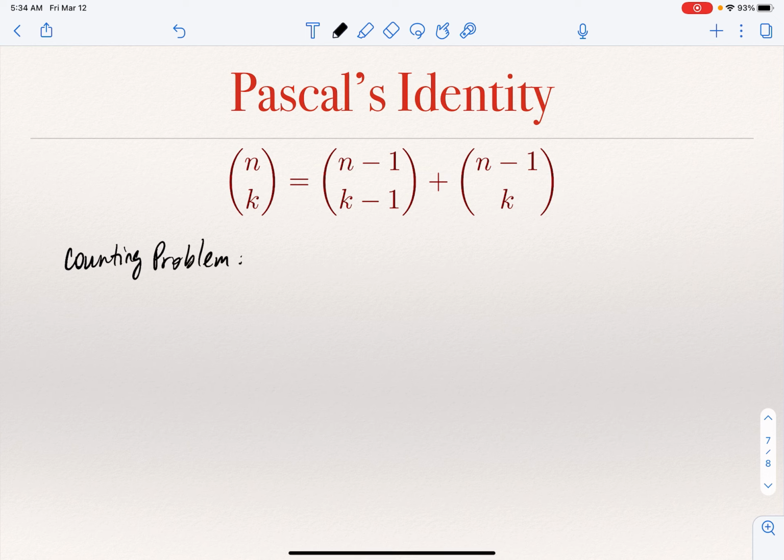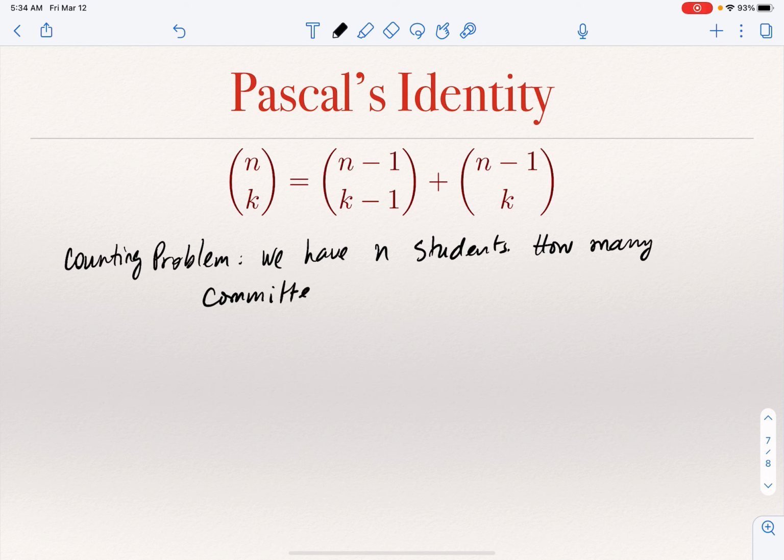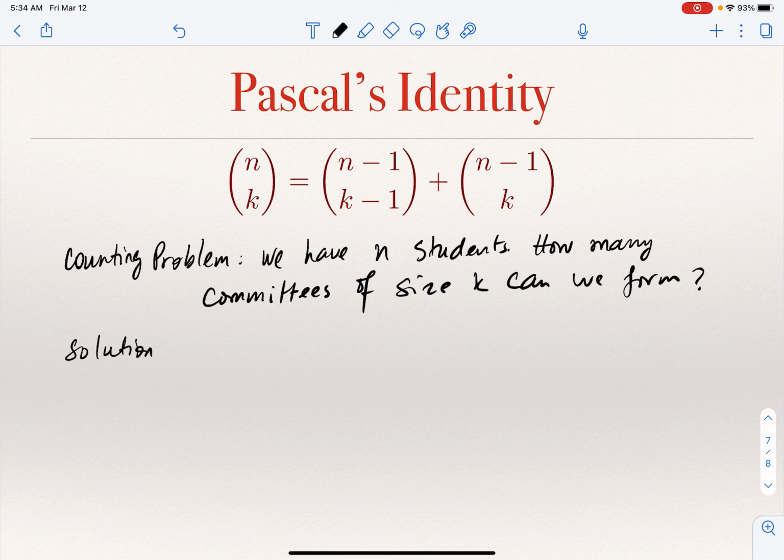Suppose we have n students. How many committees of size k can we form? Okay. So solution 1, or approach 1, let me call it approach 1.